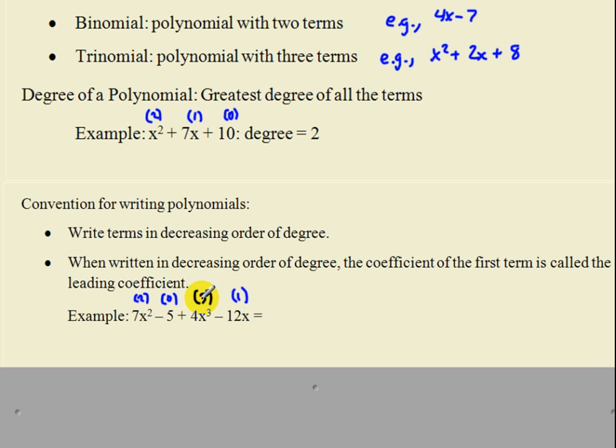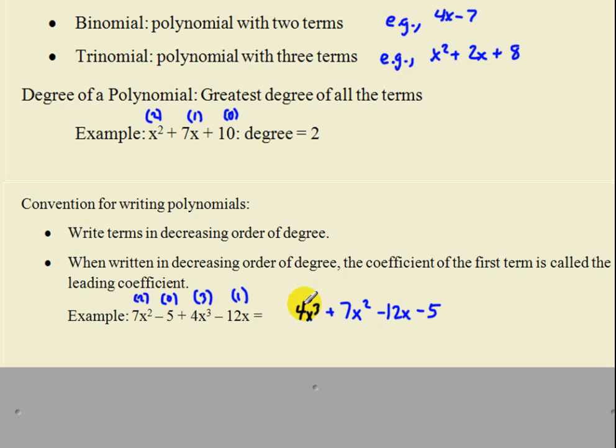So we want to start with degree 3, so 4x cubed should go first, and then degree 2, 7x squared, it's a positive, so we add 7x squared. Degree 1, we have a negative 12x here, so minus 12x. And then finally our constant, degree 0, -5 or minus 5.